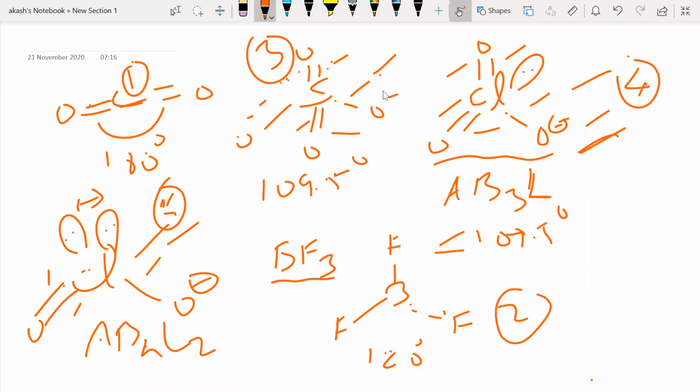So this is how you approach it. If you don't know the hybridization, if you don't know the shapes, you will not be able to answer these kind of questions. Simple question, right? If at all this question was given to me, I don't even have to draw the structures. I can just tell, because I'm so much practiced. And the same thing will happen to you if you practice.